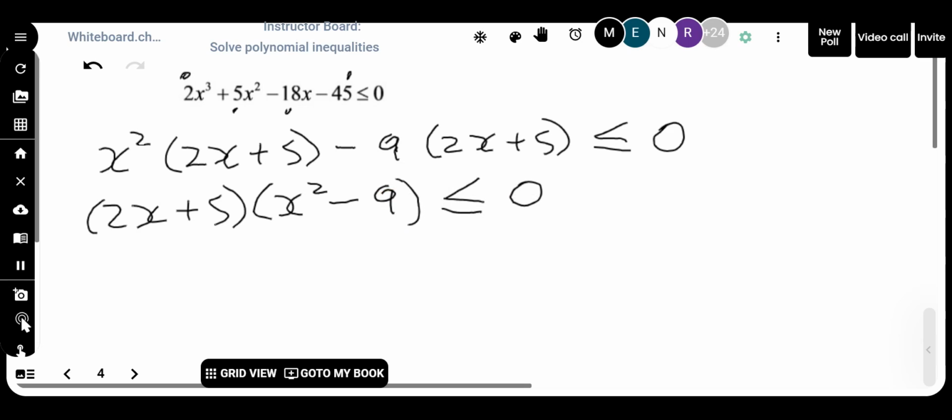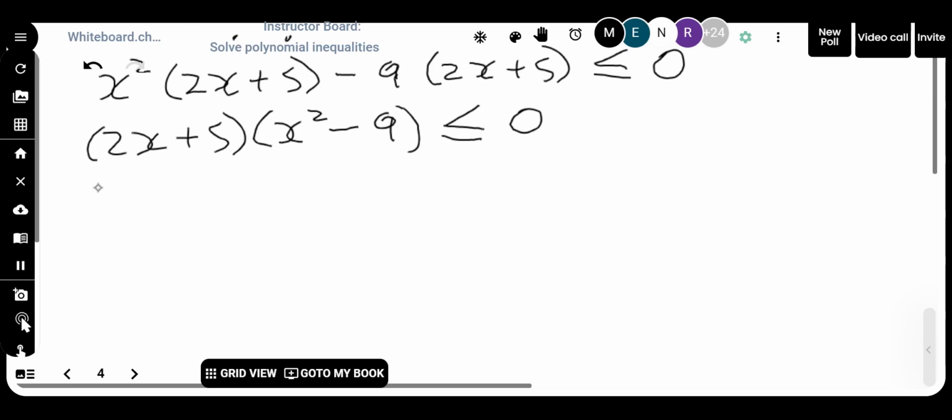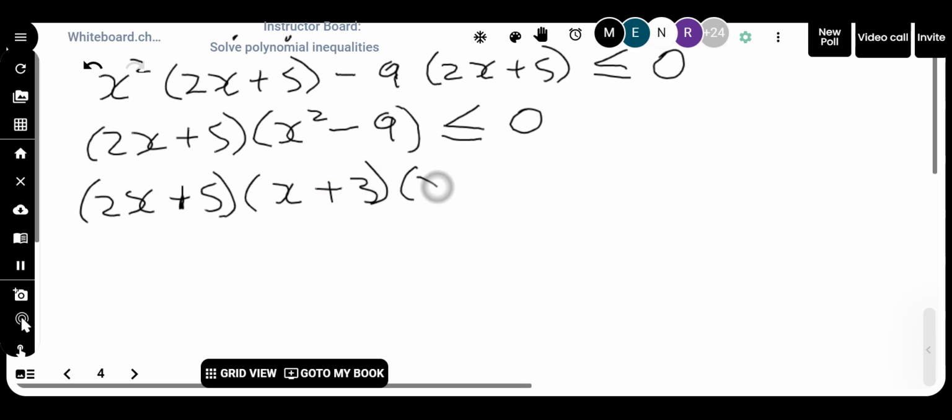And of course, I can factor the x squared minus 9 again, which in this case would give me x plus 3 and x minus 3 is less than or equal to 0. Thank you, Nicholas. Thank you, Janaya.